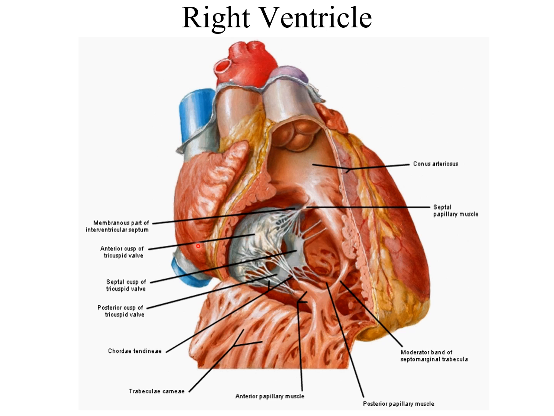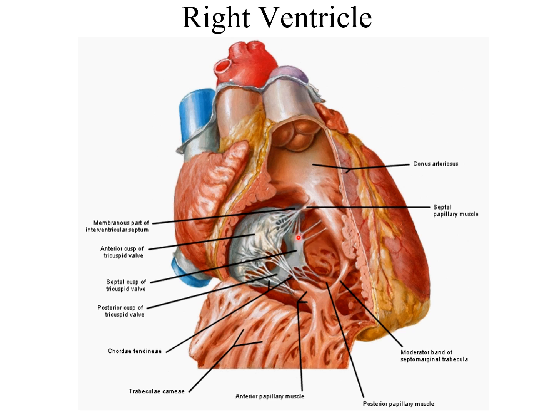Now we can see this part of the valve is known as the anterior cusp of the tricuspid valve. Then here we can see the posterior cusp of the tricuspid valve, and one is facing towards the septum. This is known as the interventricular septum, the partition between the right ventricle and left ventricle.